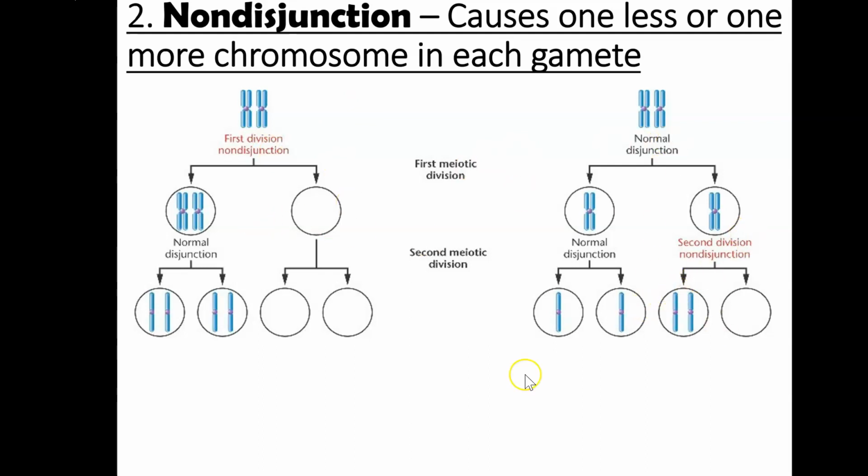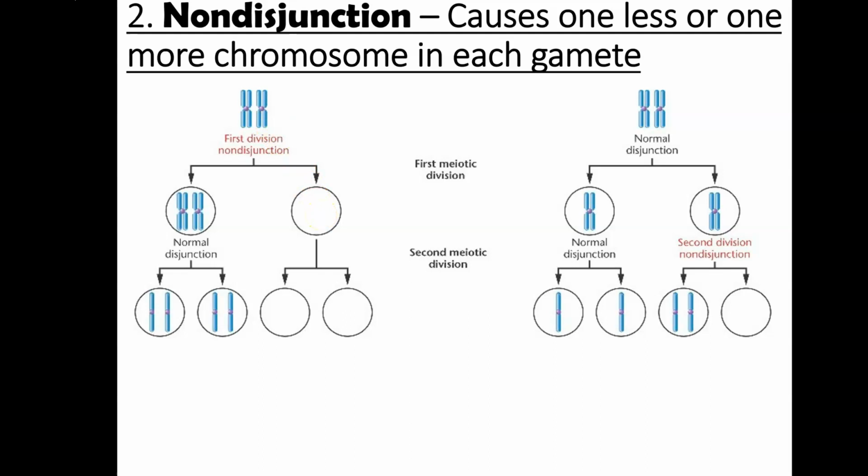There are two different types of non-disjunction that can occur. It can happen during the first meiotic division, in which both of these duplicated chromosomes are supposed to separate, one going to one cell and the other going to the other cell.